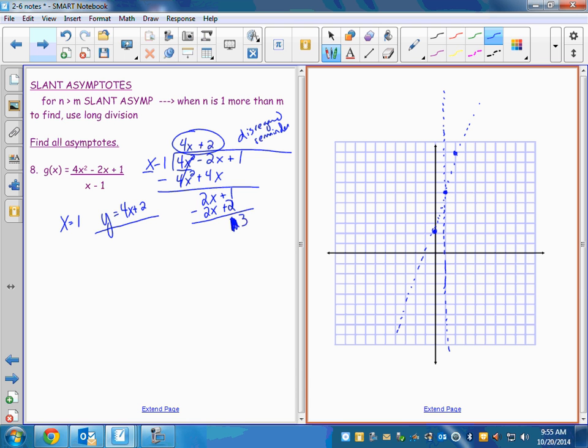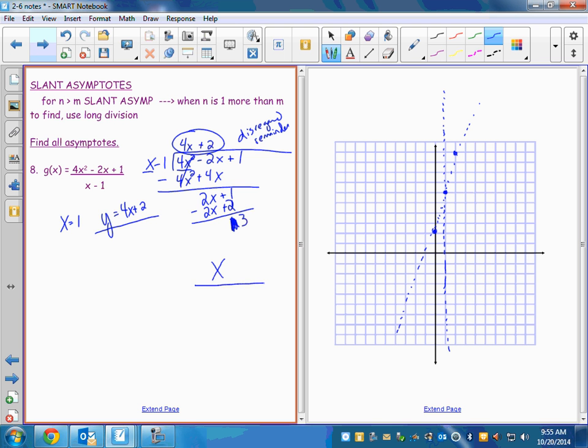So if you are going to graph this, again, all you have to do is pick a point on either side of your vertical asymptote to see where that starts, and then the asymptote guides your graph. So if my vertical asymptote is at 1, let's pick 0 and see what we get. If I plugged 0 into that function, would I get negative 1?